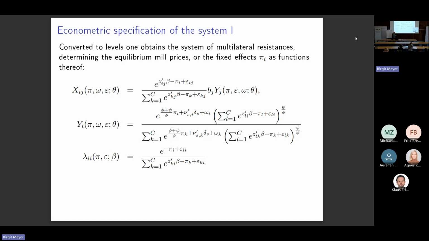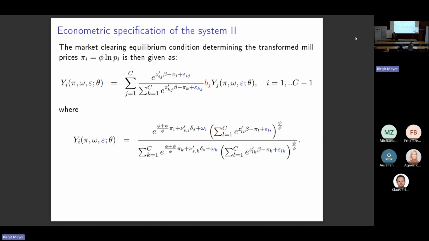So if you believe me that it's like this one, and there's no need to go over that in detail, you then go on and say, well, you might solve this model by saying output up here in country I adds up all trade flows that come from the other countries. You can do that in J and I as well.